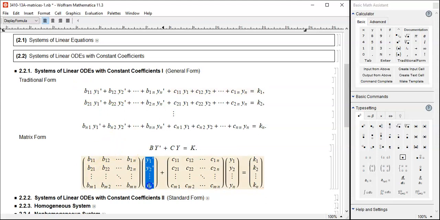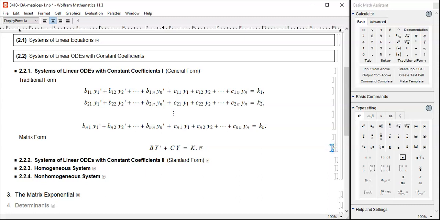Second row times this column gives me this in the second line, and so on. Same goes here. First row times this column gives me this part from the first equation. Second row times this column gives me this part from the second equation, and so on. And the right-hand side is k1, k2, and so on. So yes, in this expression, where B is this, C is that, y and y prime are this and that, and k is like this, it makes perfect sense in matrix form, except that this is a lot simpler than those.